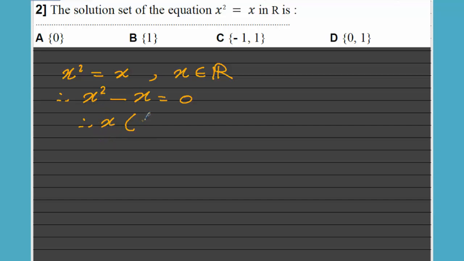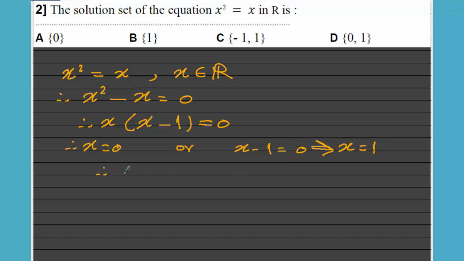So x squared divided by x equals x, minus x divided by x equals 1, all equals 0. And then x equals 0, or x minus 1 equals 0, which implies x equals 1. So solution set equals 0 or 1, and we choose letter D.